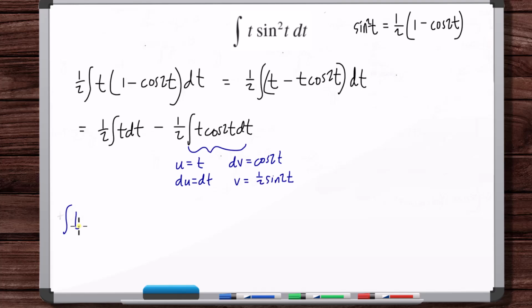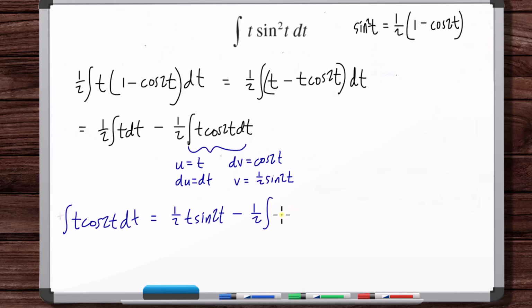So this looks like it's going to be one of those where we end up with the same integral in the formula. So, all right, u times v minus integral of v du.